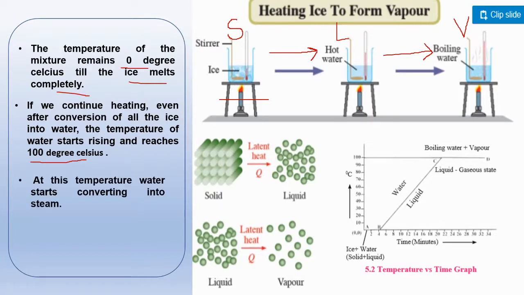After that, what happens? At this temperature, water starts converting into steam. We know that the boiling point of water is 100 degrees centigrade, and after the water has reached 100 degrees centigrade, it will start converting into steam.